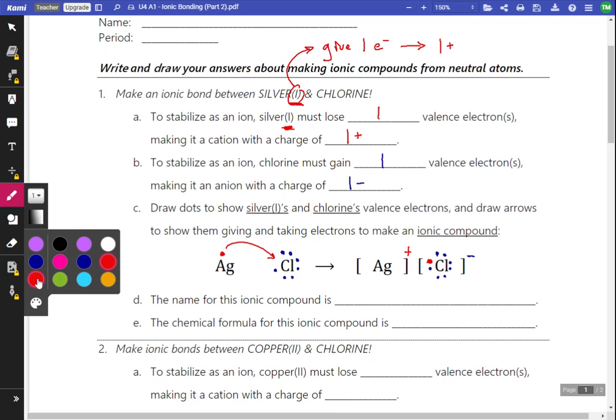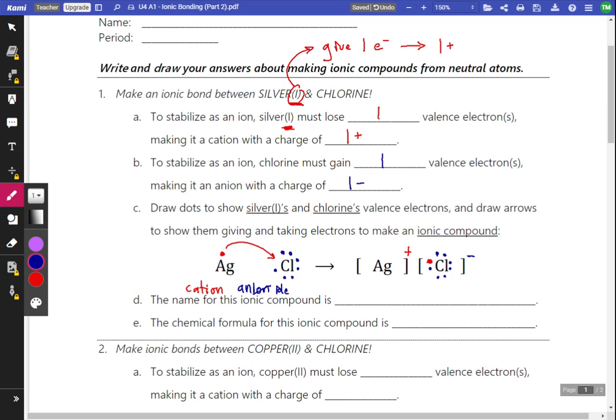So, for example, if I were to write this normally, the cation name comes first, followed by the anion, with the IDE ending. Okay?